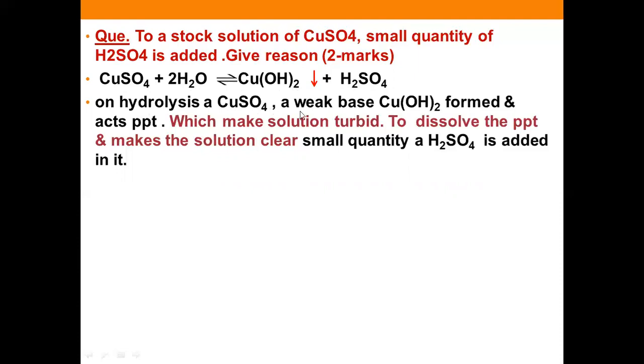Then on hydrolysis of copper sulfate, a weak base copper hydroxide is formed and it acts as a precipitate. This kind of precipitate is formed, and after the precipitate is formed, the solution becomes turbid. To remove this turbidity, we need to add some amount of H2SO4. So what is stated? Which makes this solution turbid, and to dissolve this precipitate and make this solution clear, a small quantity of H2SO4 is added to it. Did you understand? This question can come for 1 mark or 2 marks.